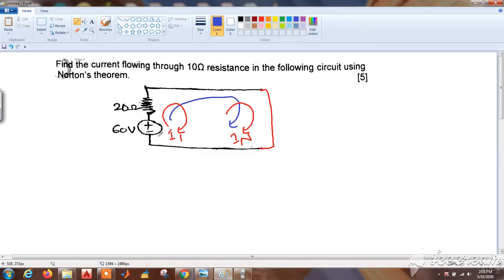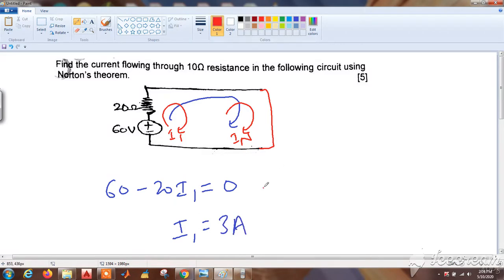So let us start applying KVL: 60 minus 20 I1, because I1 is flowing here, and coming to IN, we cannot see any resistances or individual voltage sources. So this completes our loop, equal to 0. KVL states that the sum of the voltages inside a closed loop is equal to 0. So from here we get I1 equal to 3 amperes.